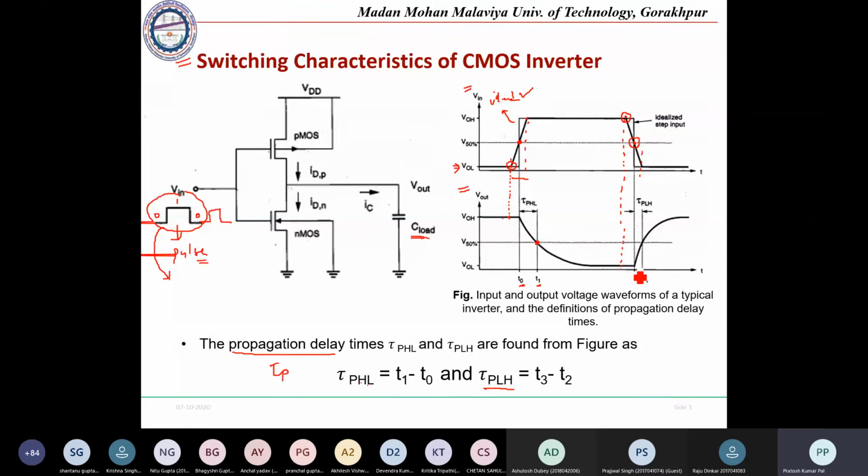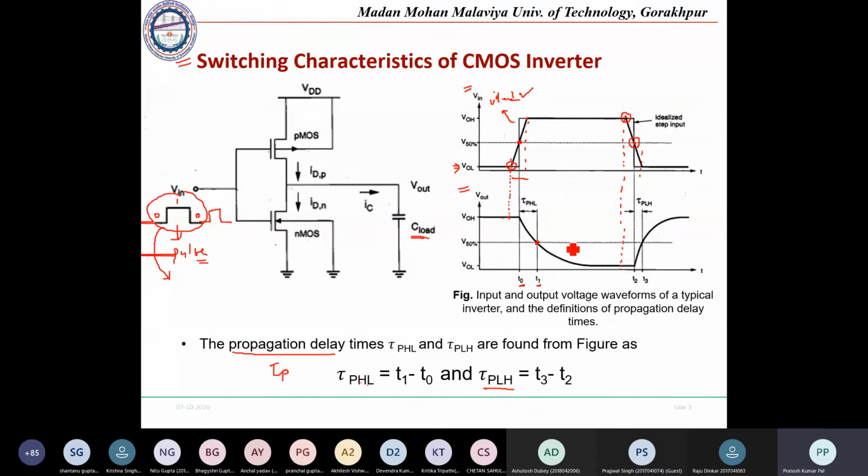Whatever time it takes from the 50% of the input, at which the input is switching from high to low, then the output will be switching from low to high. So this LH is for the output voltage going low to high. It will be the 50% of the input switching from high to low, and then the 50% of the output switching from low to high. This difference will be considered as your tau PLH value.